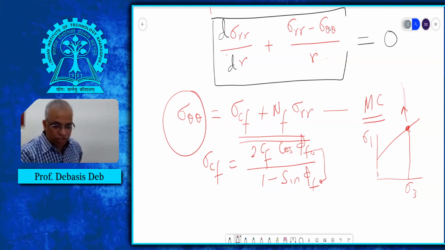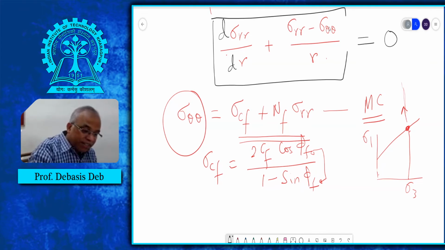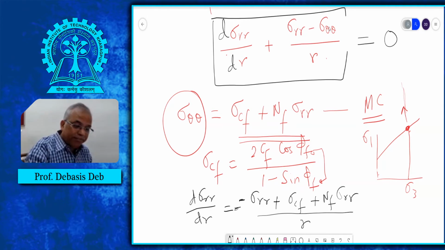And I rearrange. Now, if I put sigma theta theta over there and rearrange, what do I get? d sigma RR by dr is equal to sigma RR minus sigma CF. Sorry, this will be negative of this and plus this, plus NF sigma RR by r.